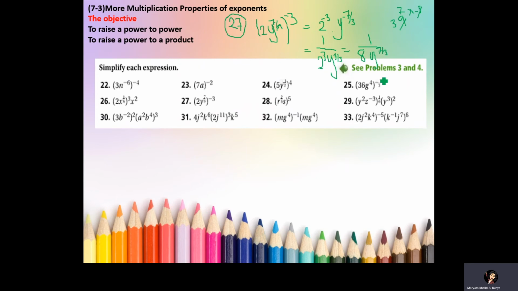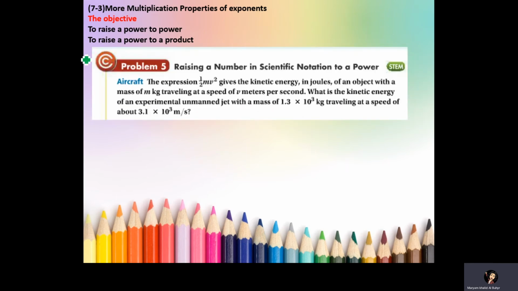So that's what we did yesterday. Now we are going to continue, which is, I think, the last problem in this lesson. And then I will give more exercises related to that.